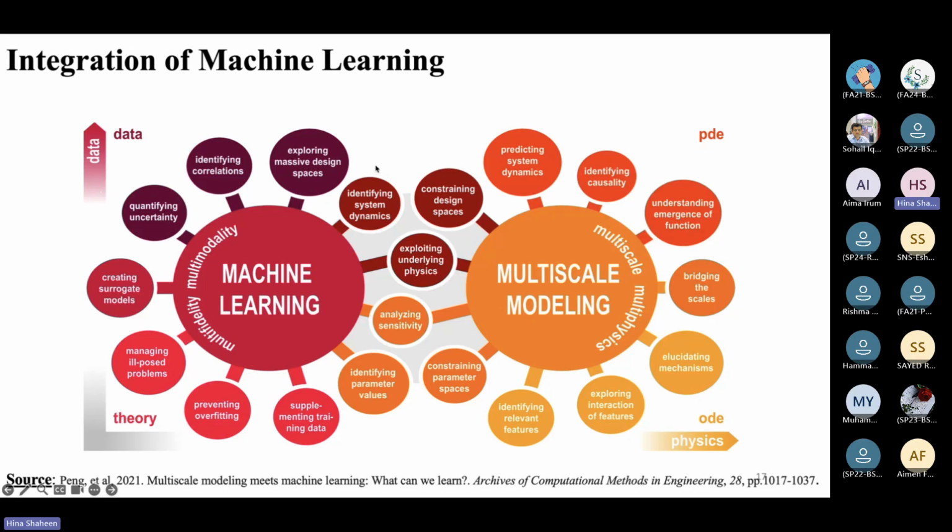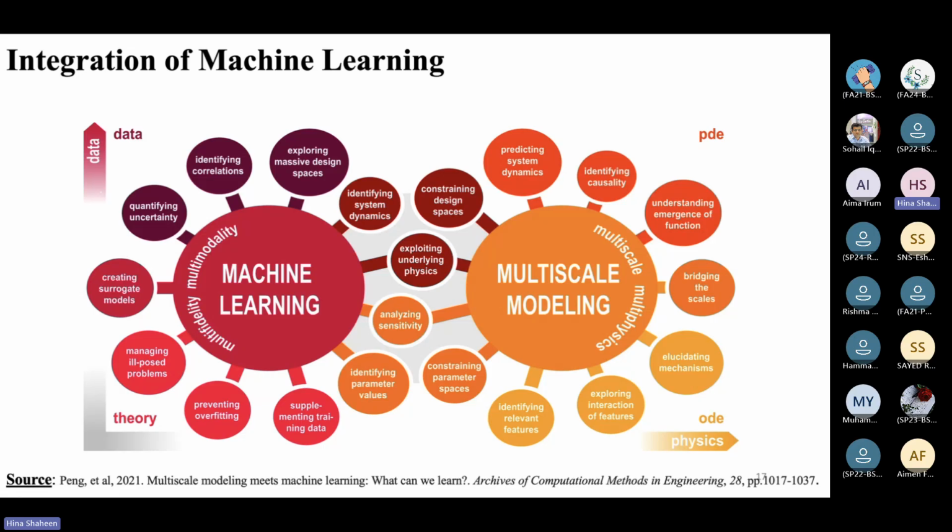Now, when it comes to machine learning, since we are working on multiscale modeling, why is it important? Because machine learning and multiscale modeling can naturally complement each other. So what do we learn when multiscale modeling meets machine learning? We use machine learning tools to identify parameter values.